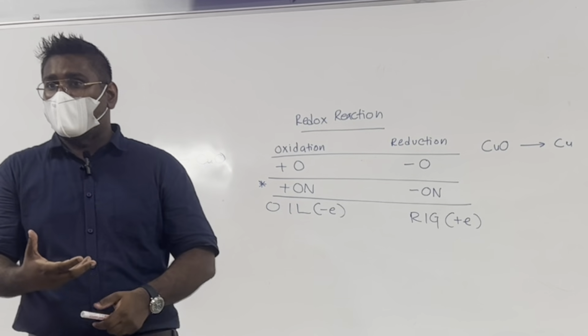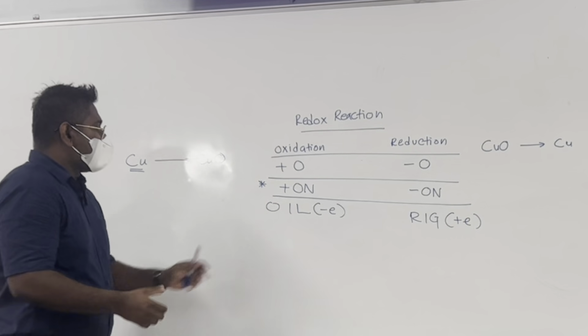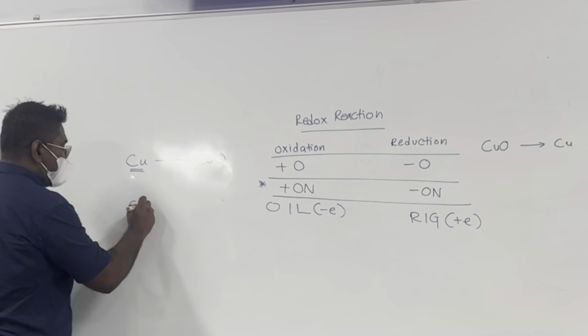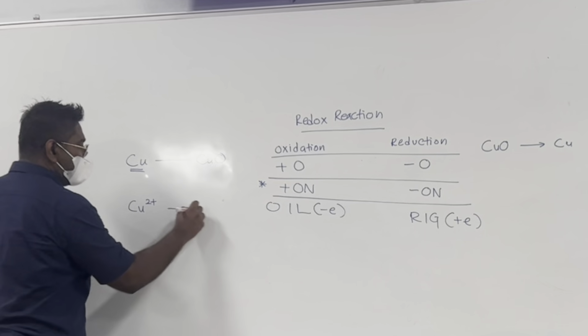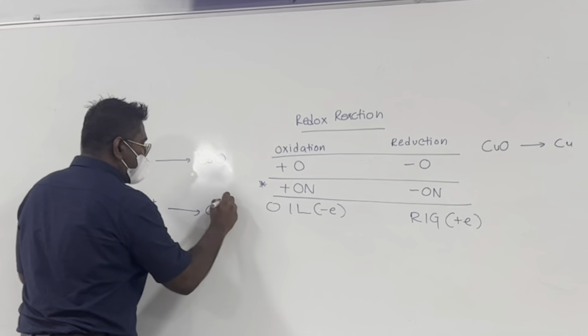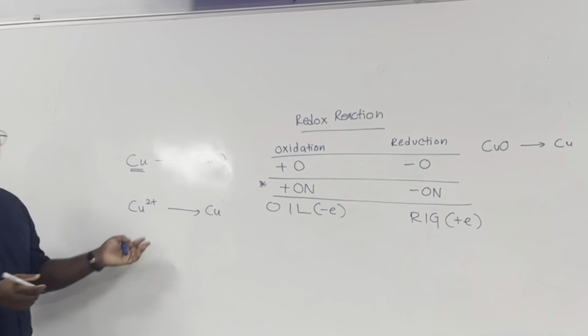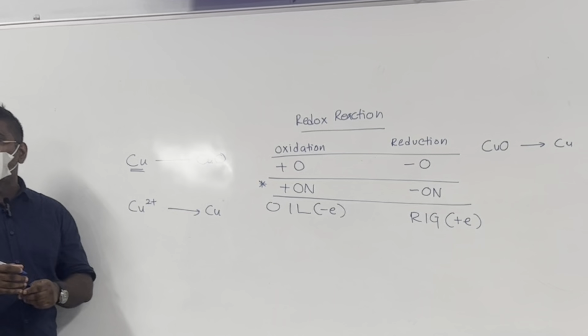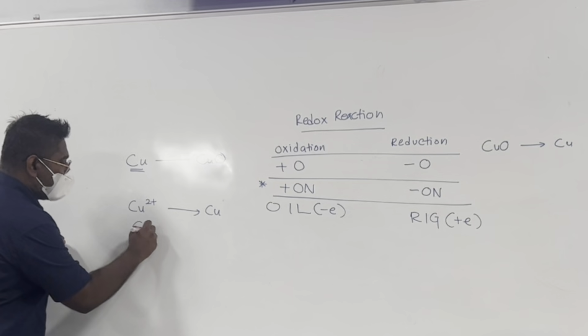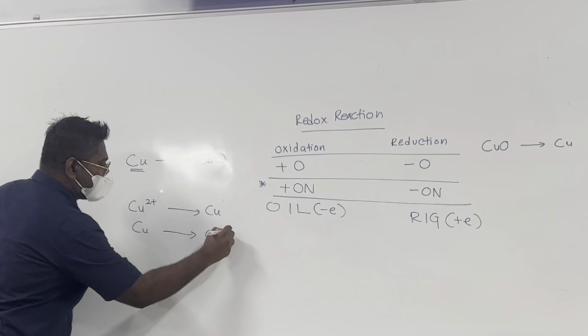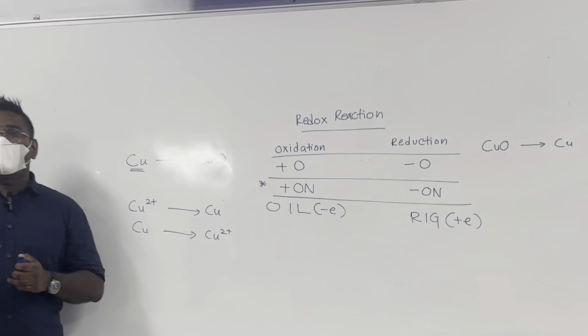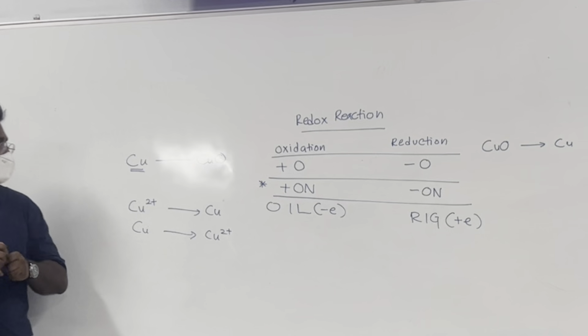that is half equation. So let's say, for example, if I have Cu2+ to become Cu, and if I have Cu changing into Cu2+. Now it is important to look at it.